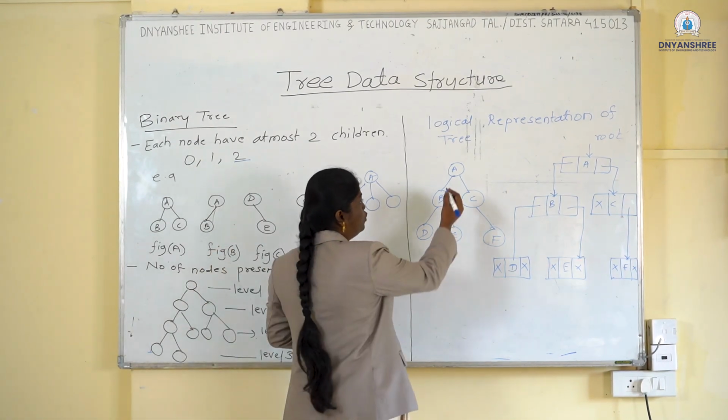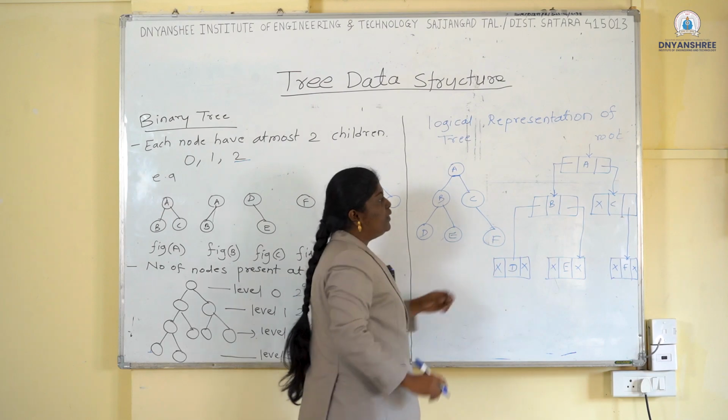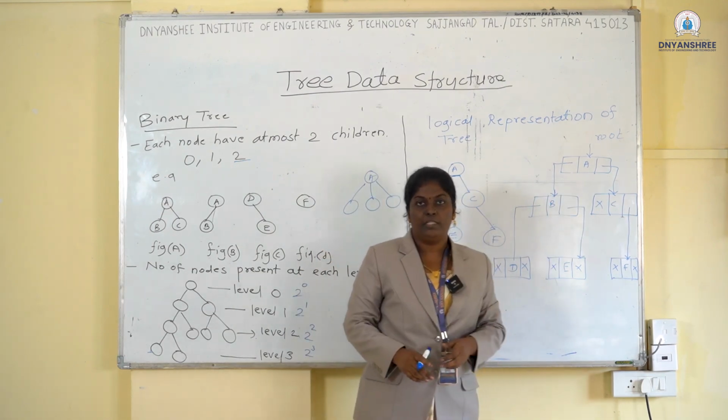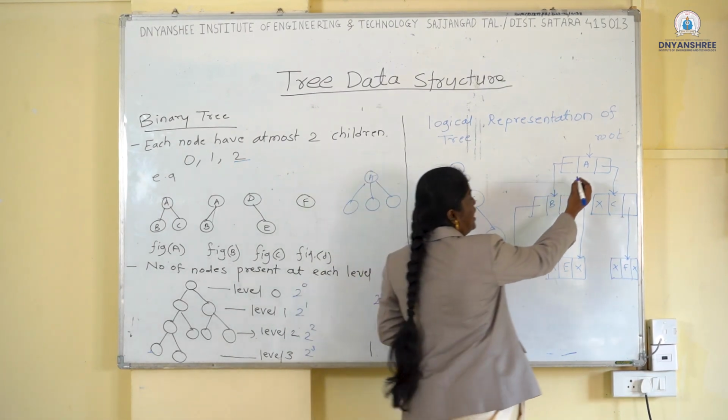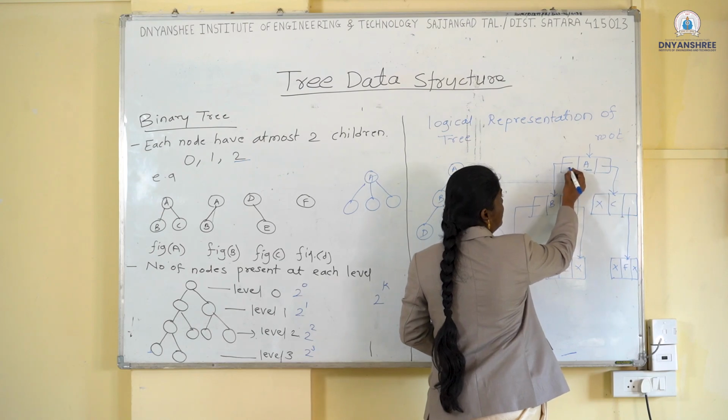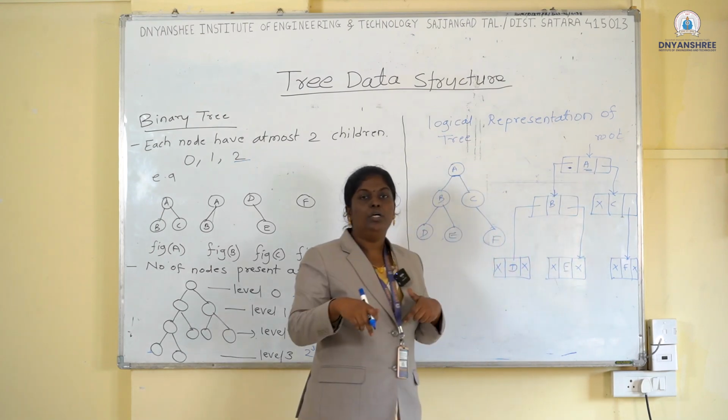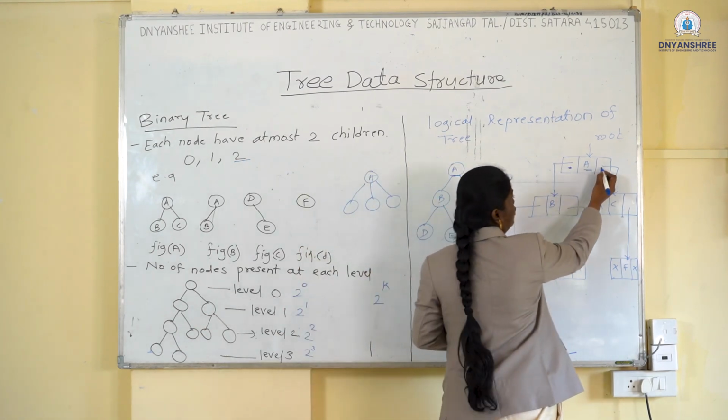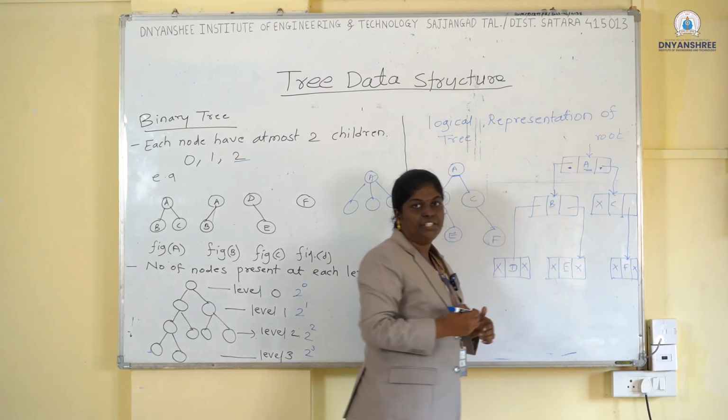To represent this particular node, we use the node structure from a doubly linked list. So A is the information part. This is the pointer to the left child and this is the pointer to the right child.